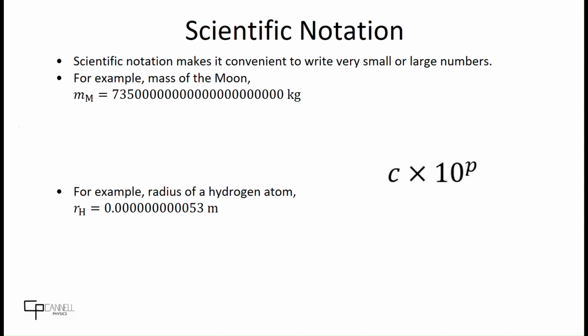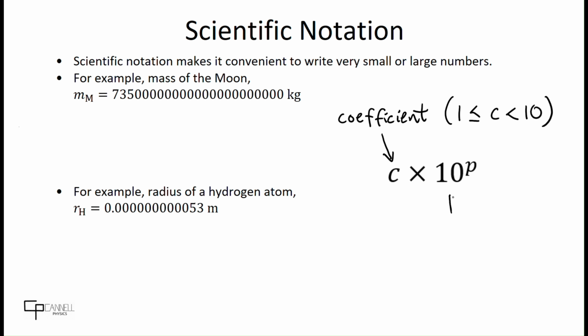We'll start with the general form for scientific notation, which is over here. This looks weird and complicated, but it's really simple. So here, this lowercase letter c represents the coefficient. And the coefficient is simply a number that must be equal to or greater than 1, but less than 10.